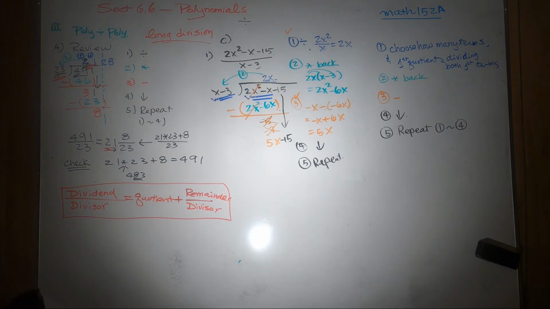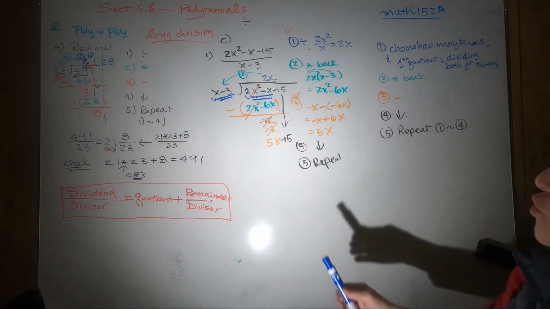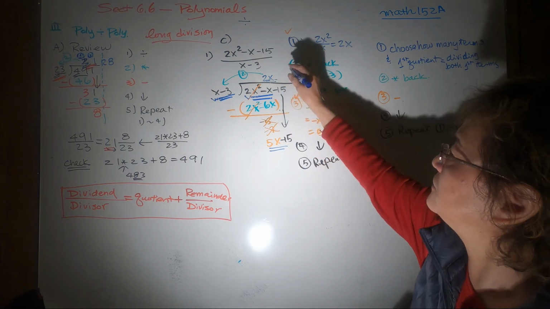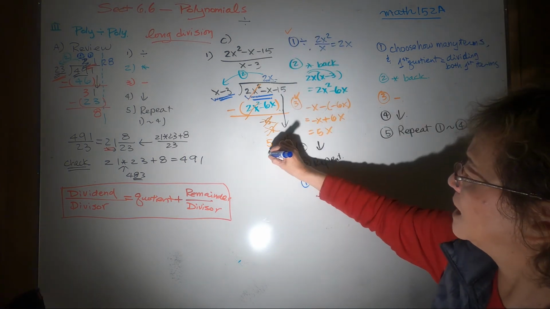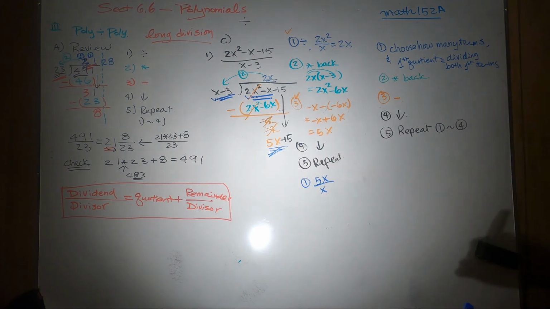So what's your next step? Then you get stuck. Forget what you're supposed to do. Then you go back, find another quotient. You have to find the quotient. You compare, because we can only compare mono to mono at a time.